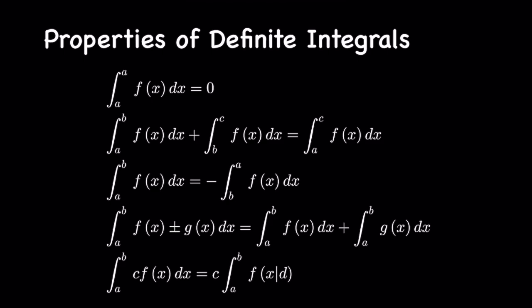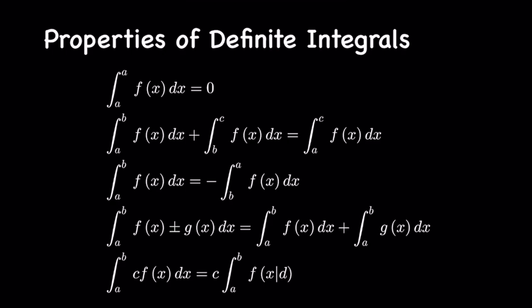If you switch the lower bound and upper bound of the definite integral, then you will get the negative sign. So the integral from a to b is actually equal to negative integral from b to a. This tells you that the order of the upper bound and lower bound is actually important. The integral from a to b is different from the integral from b to a, and the difference is just a negative sign.